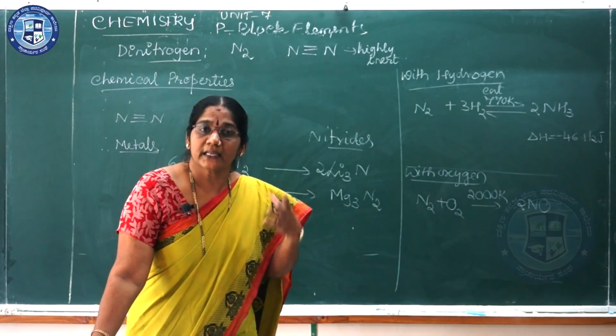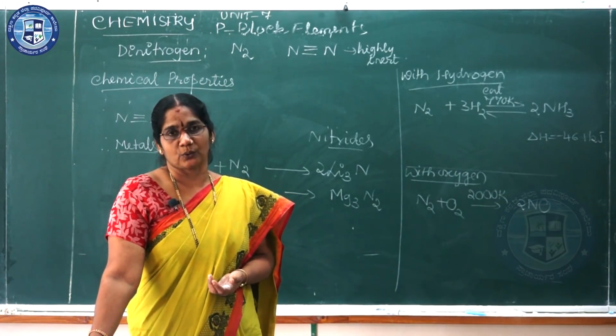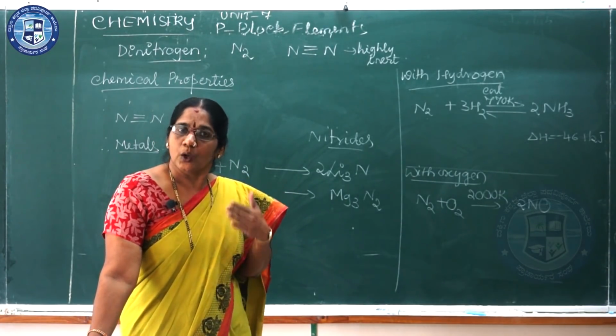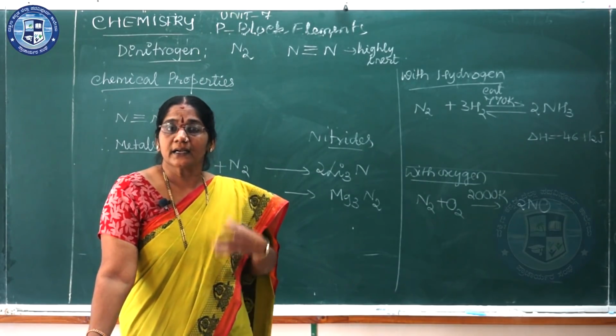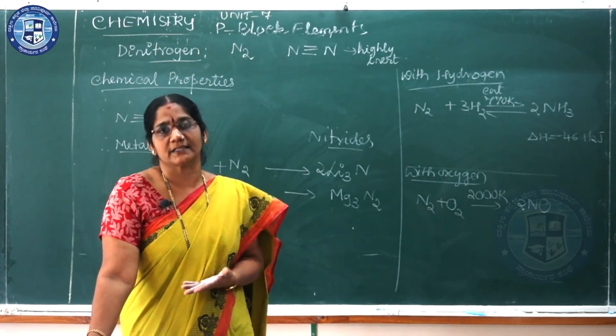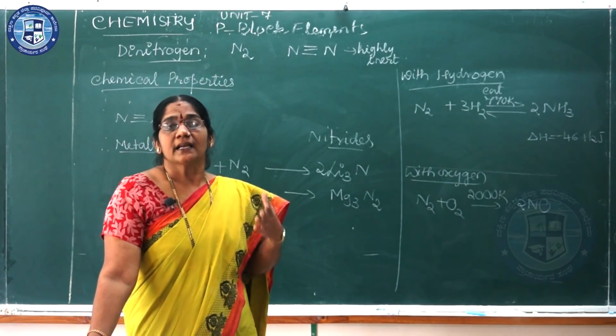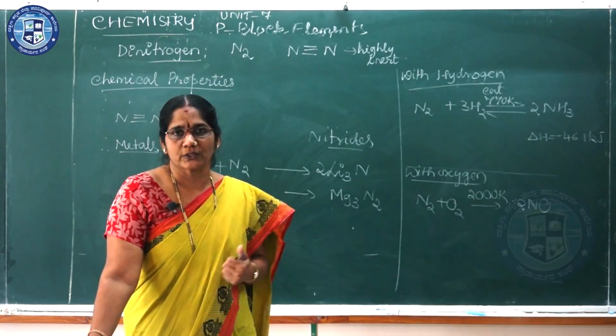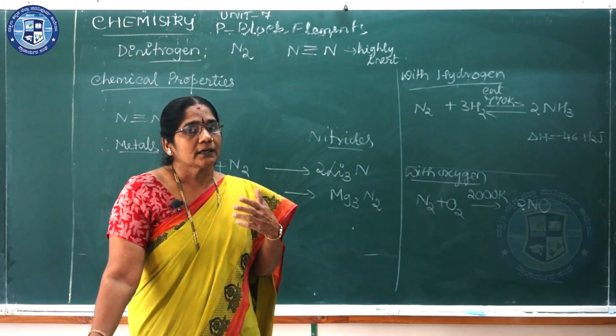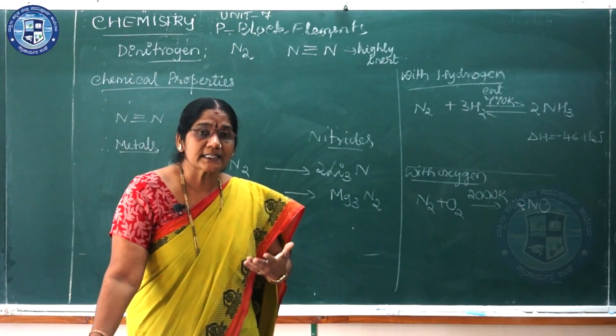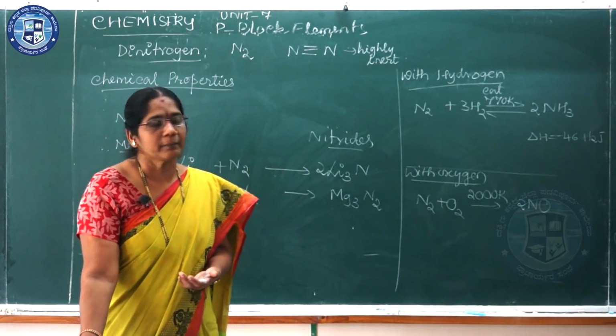And because of the inert nature of nitrogen, it finds a lot of use to give an inert atmosphere in metallurgy, especially in iron and steel industries. The inert atmosphere of nitrogen is used to stop oxygen reacting to form oxides of the metals.